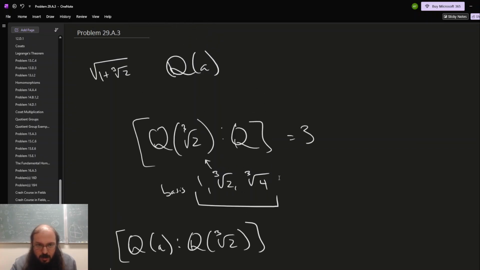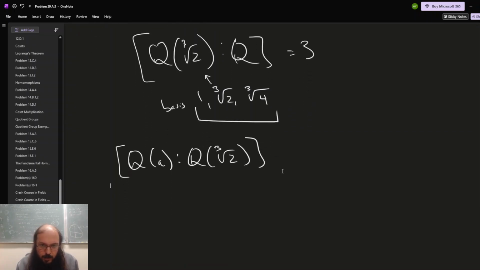And that simplifies the matter quite a bit, because I have A equals the square root of 1 plus the cube root of 2. Then A squared is 1 plus the cube root of 2. And that actually lives in Q adjoin the cube root of 2, right?